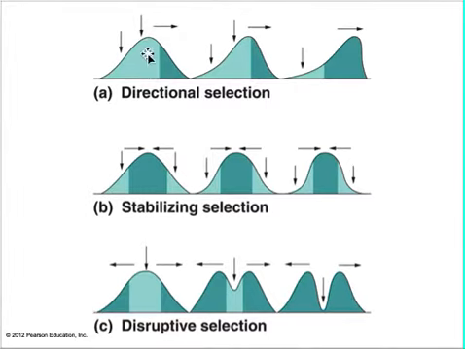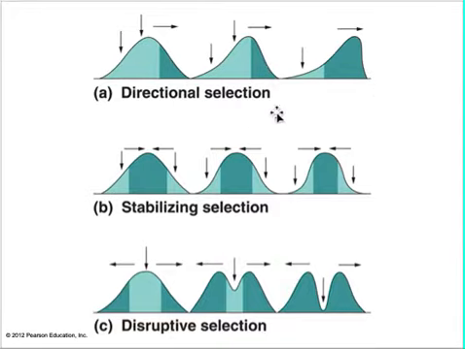So in this case, a particular trait is being favored, and organisms that exhibit this favorable trait have a higher tendency to survive and reproduce.